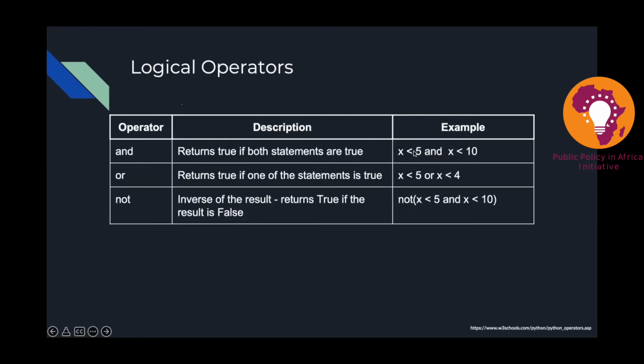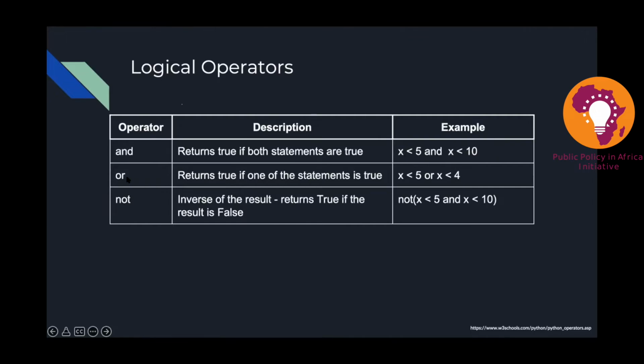So if both the statements that are being used with the and are true, then the entire statement is true. If even one of them is false, this entire statement becomes false. So, for example, in this situation, let's say x is 5. So, 5 less than 5 is false, and 5 less than 10 is true. But because one of them is false, this entire thing will become false.